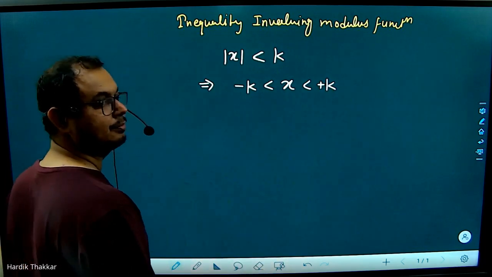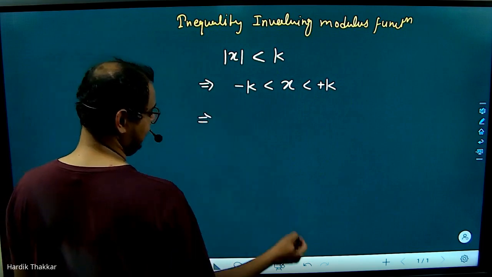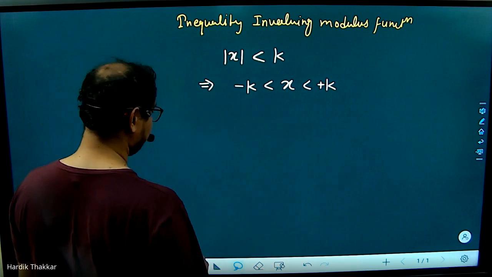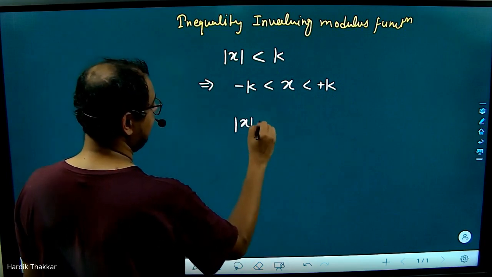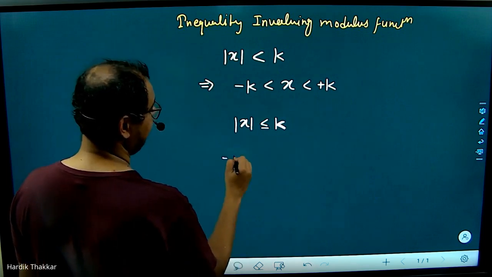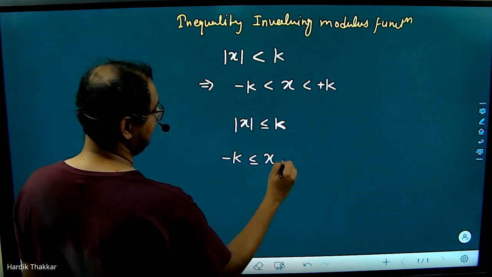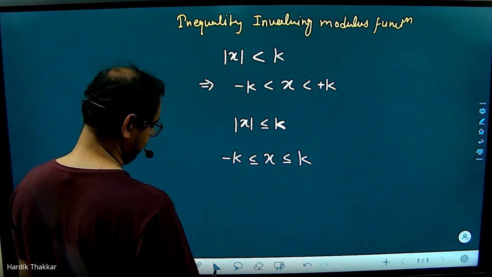Suppose if we have inequality mod x less than or equals to k, then instead of this strict inequality, here we will have slack inequality, like this.